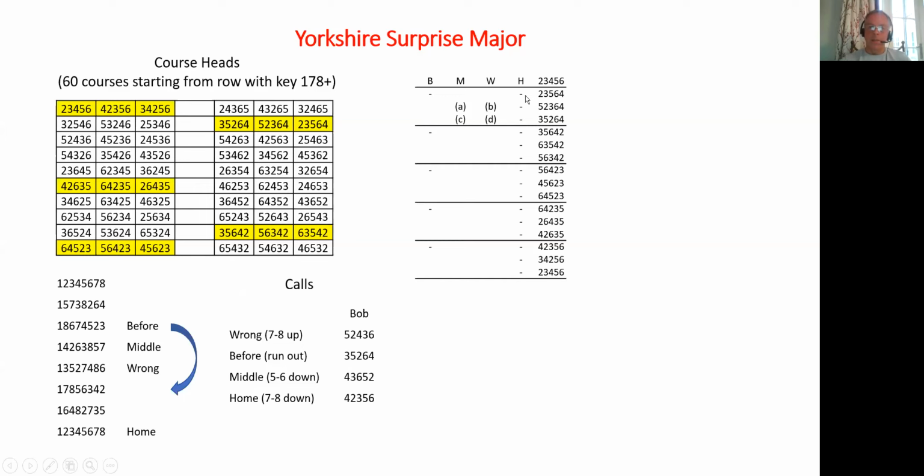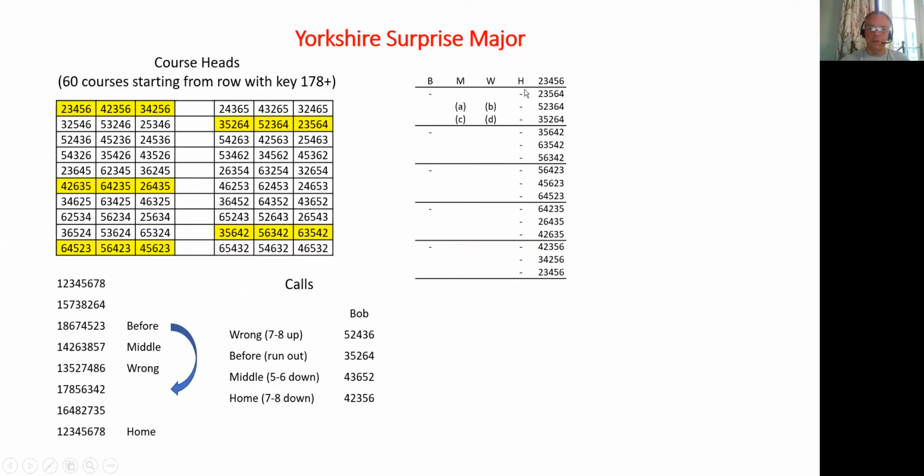But what I've done in this particular example is I've called a Bob at home as well, which then applies this transposition 42356 to 23564. That's followed by 2 more Bobs at home, taking us to 52364, 35264.